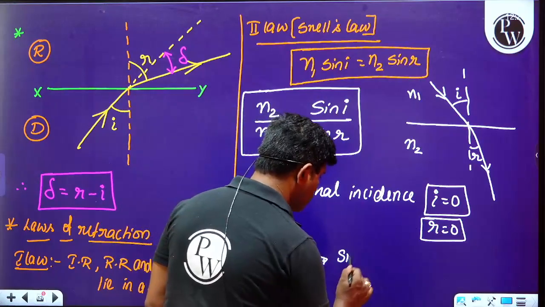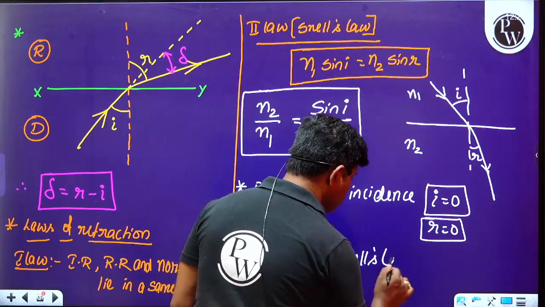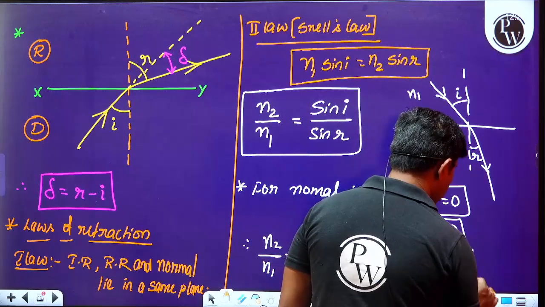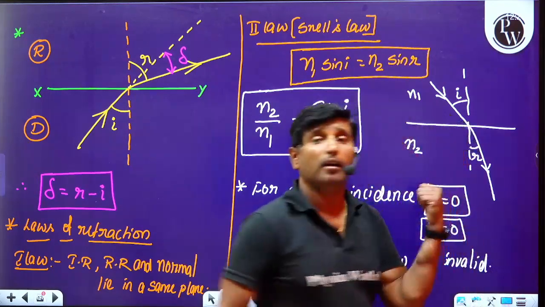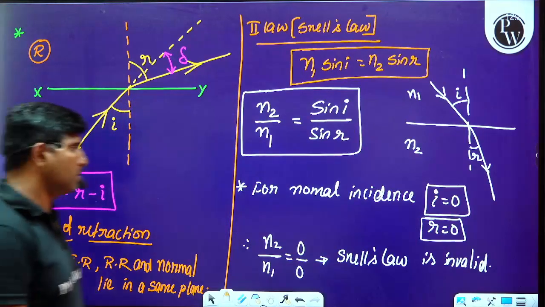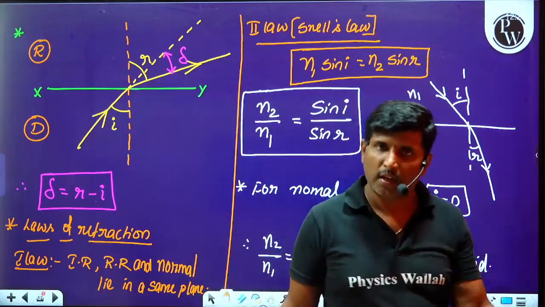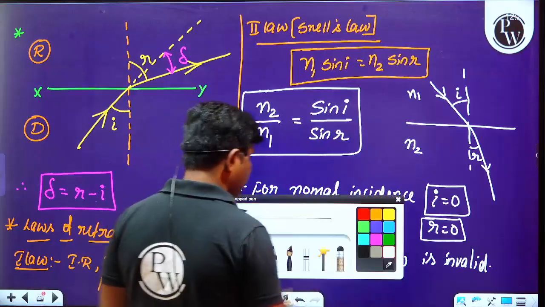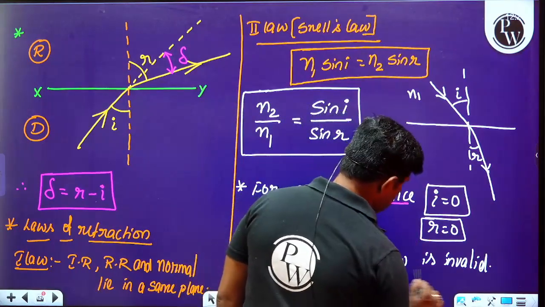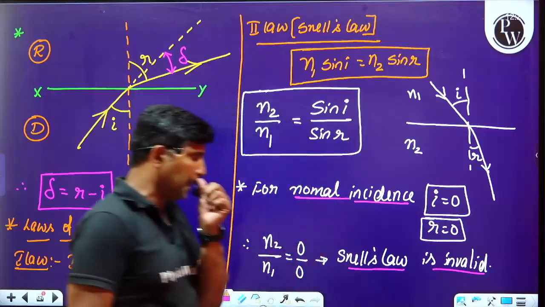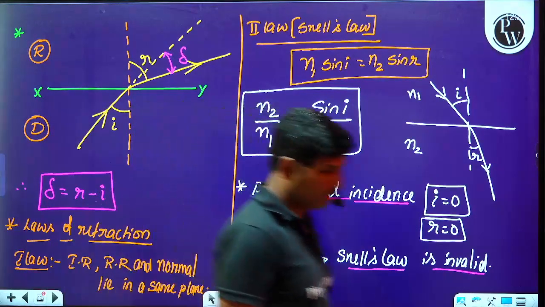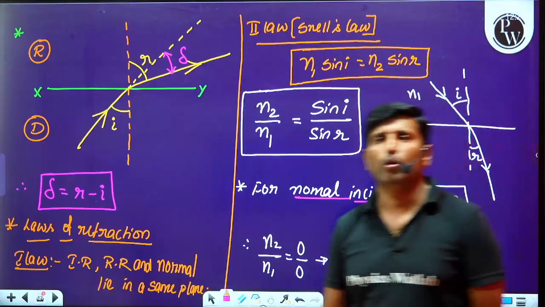Hence, Snell's law is invalid for normal incidence. Whenever we consider normal incidence, Snell's law cannot be applied, because we are getting 0 by 0. I hope it is clear to you.